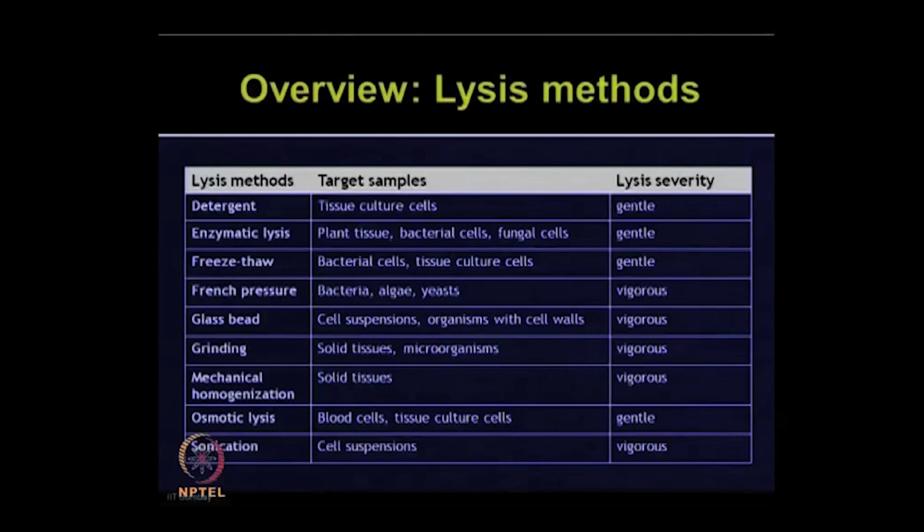Enzymatic lysis can be used for plant tissues, bacterial cells, fungal cells, etc. This is again a gentle lysis method. Freeze thawing can be used for bacterial cells or cultured cells, and this is again a gentle lysis method.